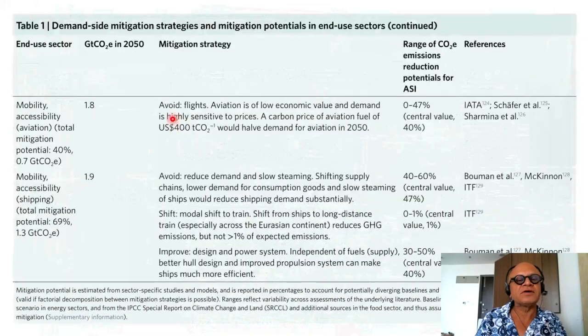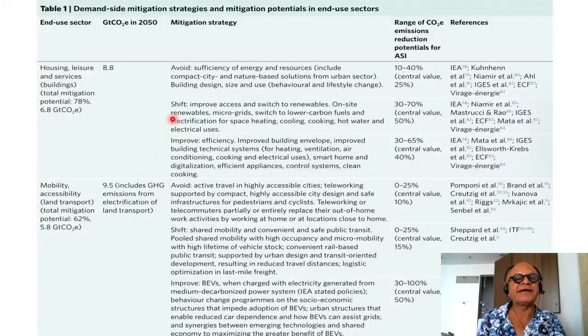So let's look at specific items here in terms of end-use sector, housing, leisure, and services, with a total mitigation potential of 78% or 6.8 gigaton CO2 equivalent, as we showed here. And that's the total emission by 2050 as projected.